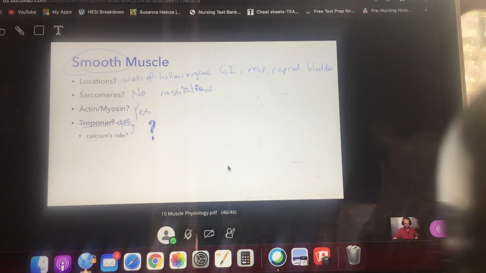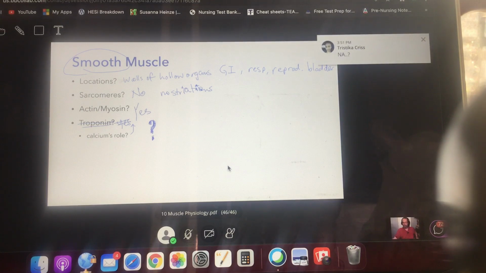So what causes smooth muscle to contract? What usually is the trigger for smooth muscle contraction? If it's not calcium, like it is in skeletal muscle and cardiac muscle, what is it? It's in bold towards the bottom of page 119. Stretch.